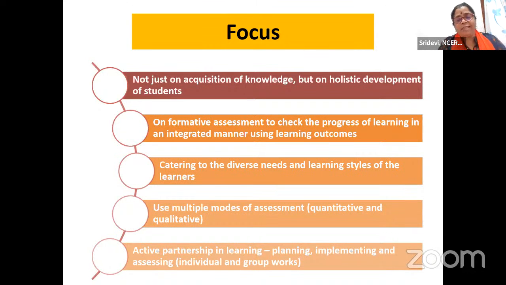So, for all these things to happen, let me tell you one thing: active partnership in learning is very essential. When I say active partnership in learning, it's not only in implementation. It should start with planning, implementing, and assessing. That means children have to be involved in both individual and group work.